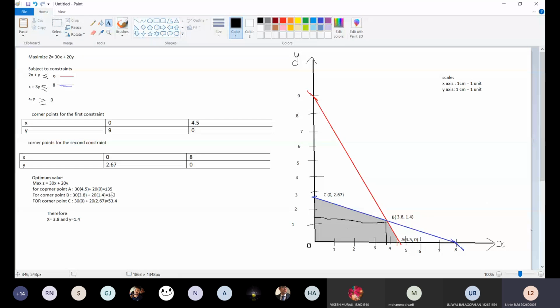See, initially this particular line was somewhere here. Now it shifted up, right? There is a parallel shift, because we have changed the capacity.